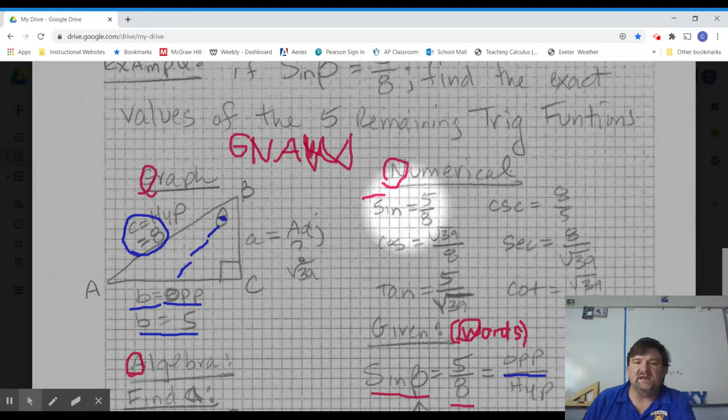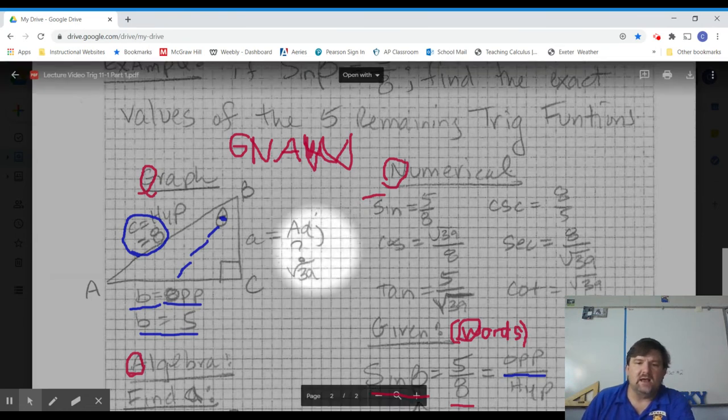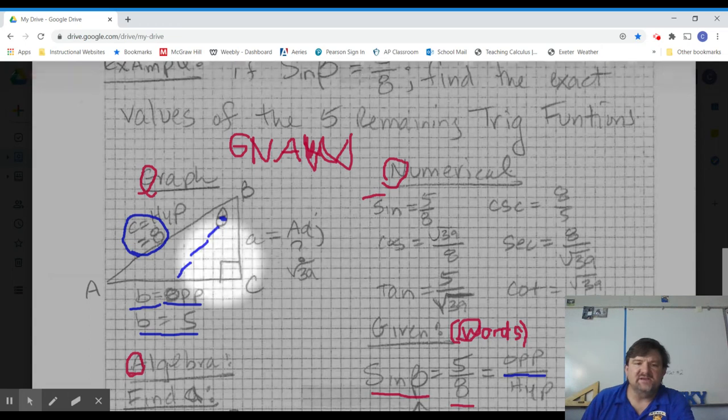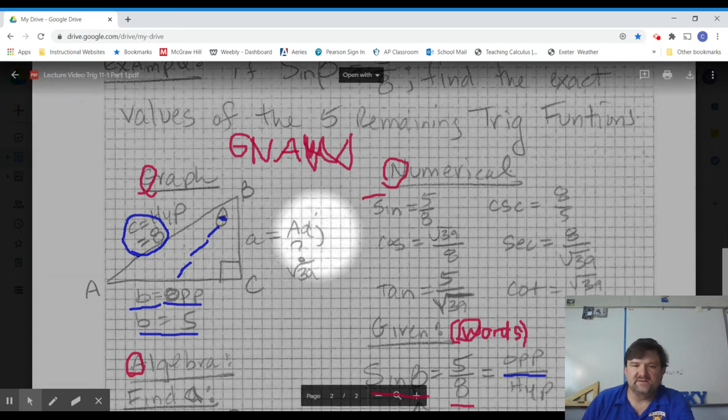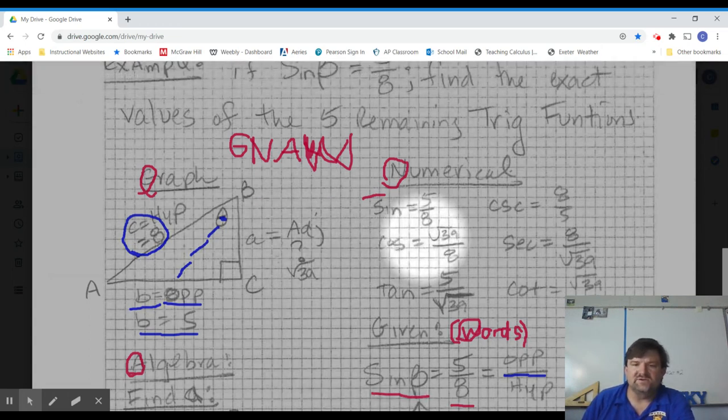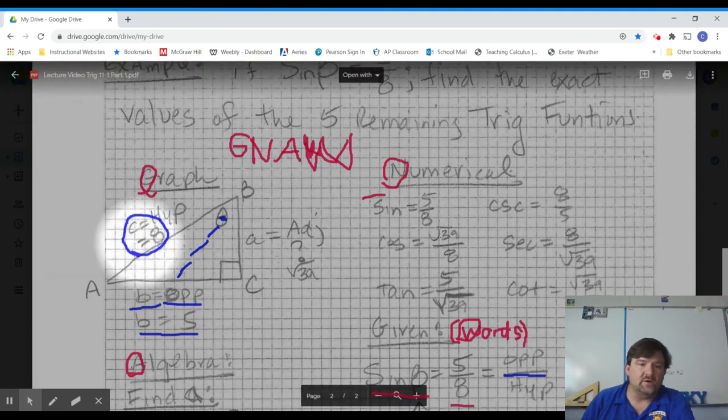I know that sine is opposite over hypotenuse. So then cosecant must be its inverse. So I flip them and it becomes 8/5. I know that cosine is adjacent, from our previous, which is square root of 39, over the hypotenuse, which is 8.